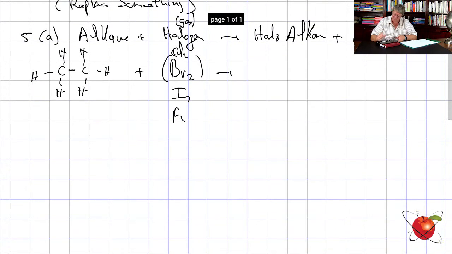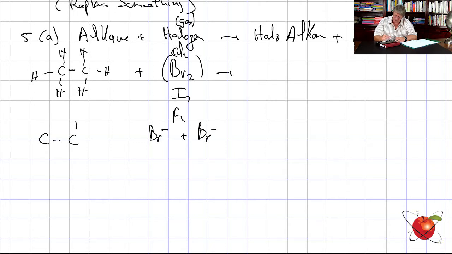Let's look at the reaction mechanics. First of all, this Br2, any one of these, is going to split into a Br and another Br. What happens over here then is this changes, and I end up with my same carbon chain. Now I'm going to take a hydrogen from here and remove it, and I'm going to put the Br there.